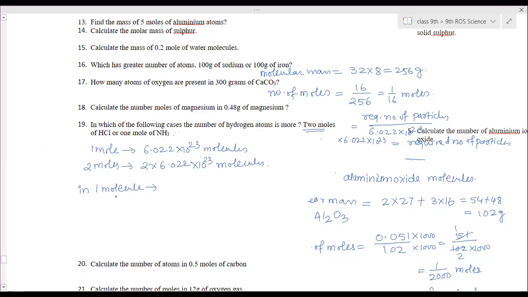In 1 molecule of HCl, 1 hydrogen atom. So in 12.044 into 10 to the power 23 molecules, there are 12.044 into 10 to the power 23 atoms of hydrogen.